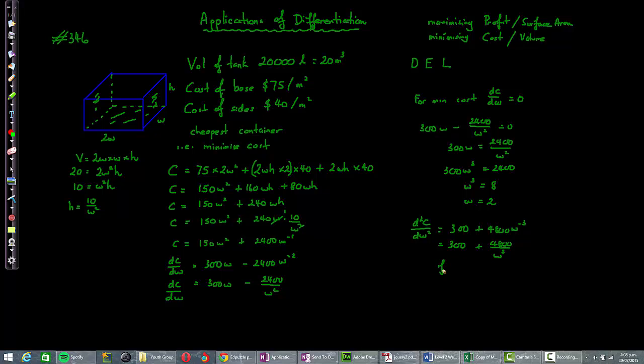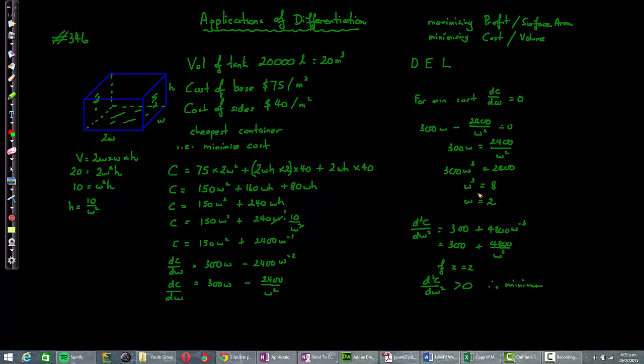Well, if w is equal to 2, the second derivative will definitely be greater than 0, therefore we have a minimum. Minimum what? Minimum cost when w equals 2.